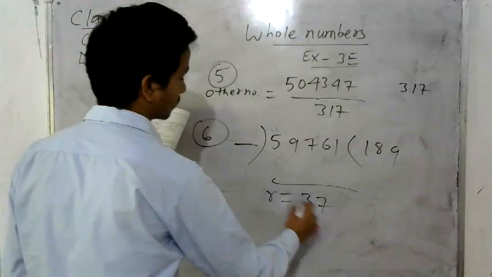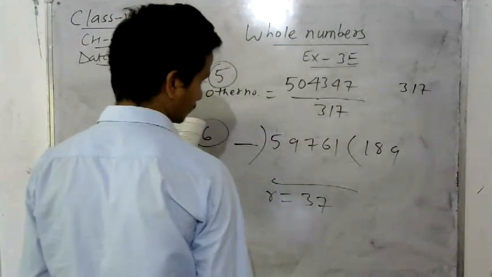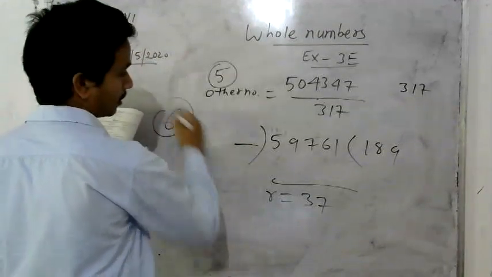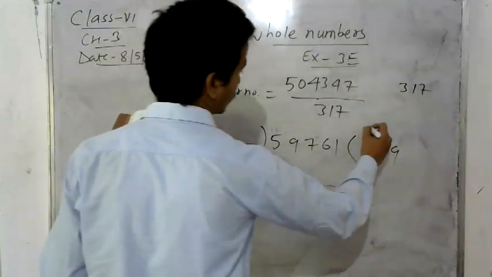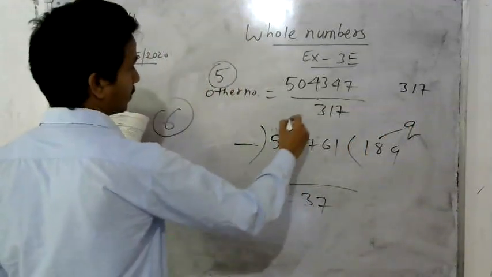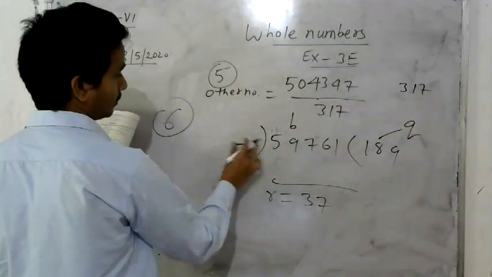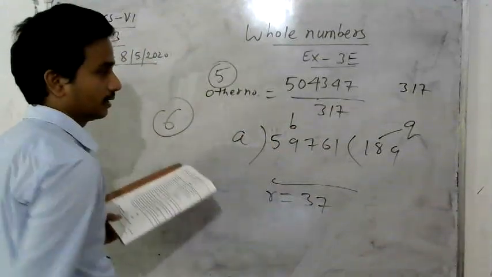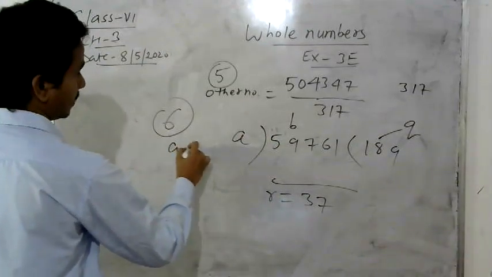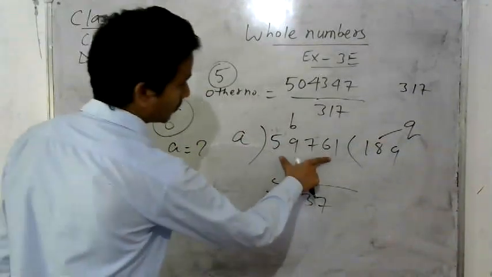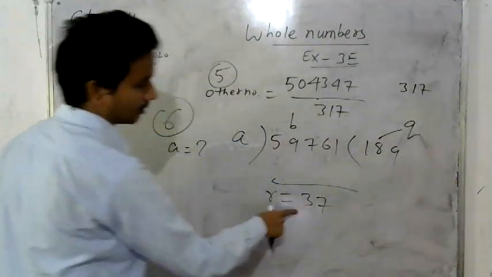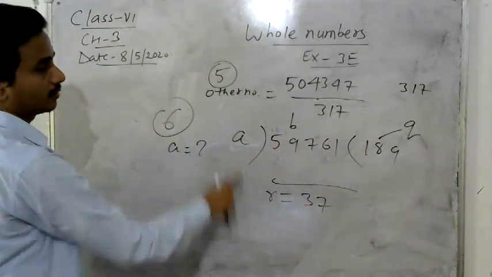Remainder you can call R, and the quotient you can assume as Q. The dividend we call B, and here we don't know the divisor, so the divisor is A. We have to find the value of A.